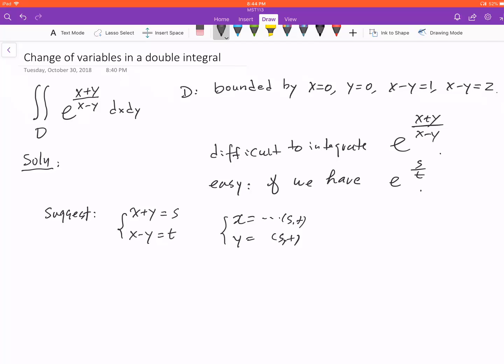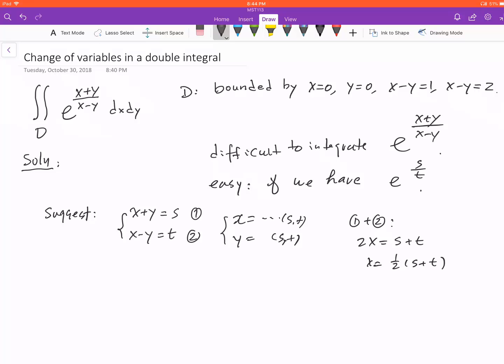And how to do that? We call these two equations equation 1 and equation 2. If we add these two equations, this is just the elimination method by the way, we have 2x is equal to s plus t, and x is equal to 1/2 of s plus t.